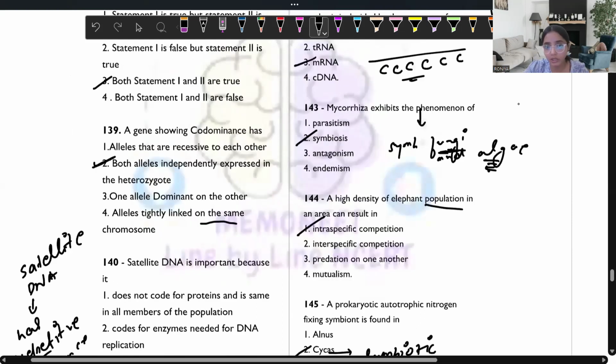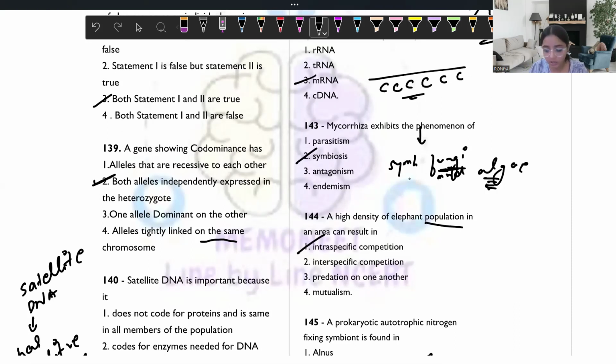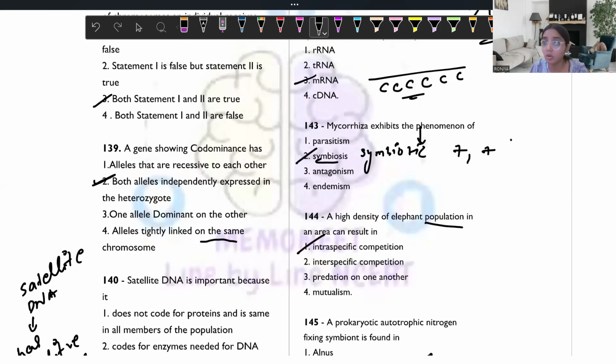Okay, I want to tell one little thing here. Mycorrhiza, I'm sorry for my mistake. Sometimes out of the flow of teaching, some things happen. Mycorrhiza is a symbiotic relationship. What is a symbiotic relationship? It is a plus-plus relationship wherein both the organisms are benefited in one or other way.